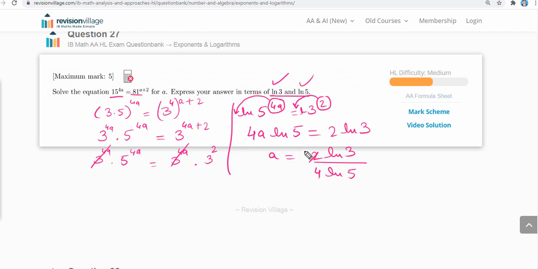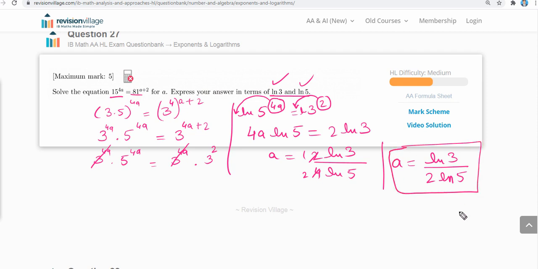Now 2 times 1, 2 times 2, so my a will become equal to ln3 over 2 ln5. So this will be my answer for a in terms of ln3 and ln5. So this is how you can apply the properties of the exponents and logarithms in order to solve such equations. Now let's move on to the question with some hard difficulty level.